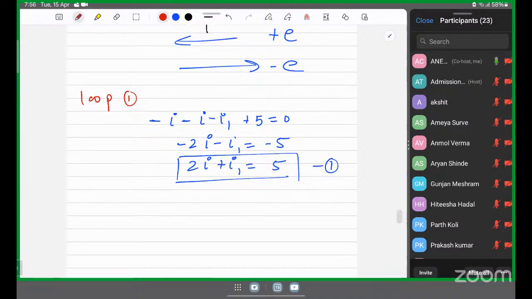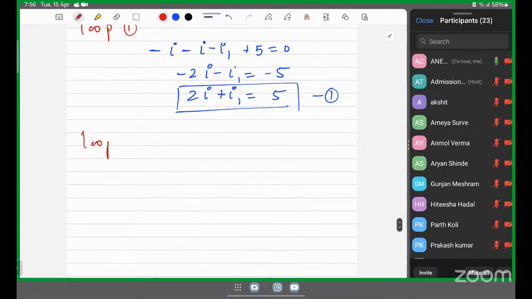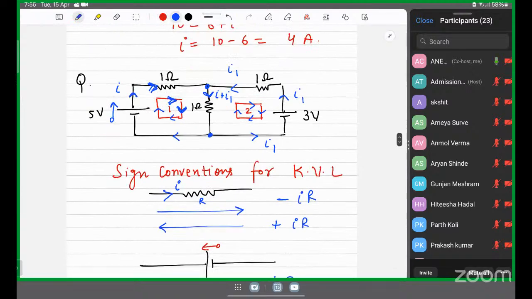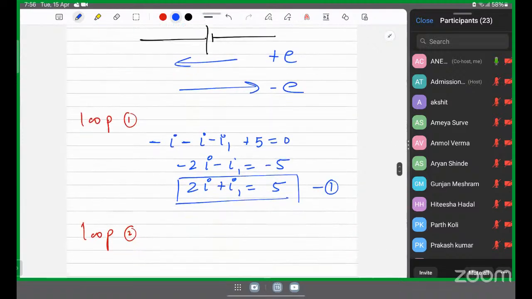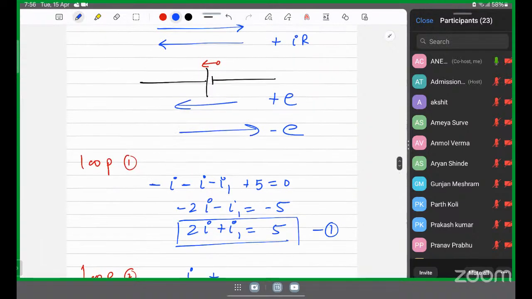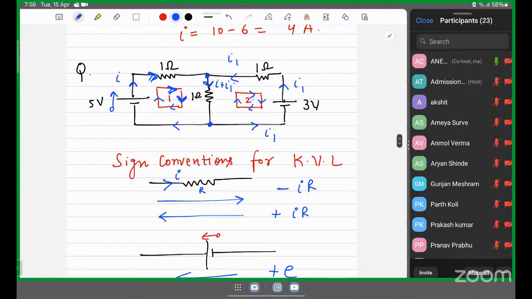Now we will work on loop 2 using the same convention. In loop 2, I have a resistor of 1 ohm and the direction of current I1 and conventional direction are in opposite sense. So this will be plus I1 into R, value of R is 1. And about this resistor of 1 ohm, again, direction of current is downward and conventional direction is upward.